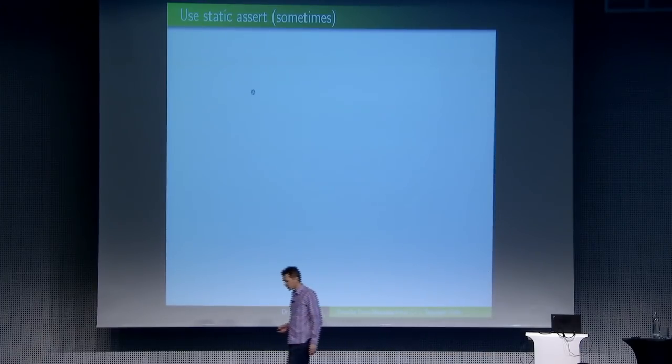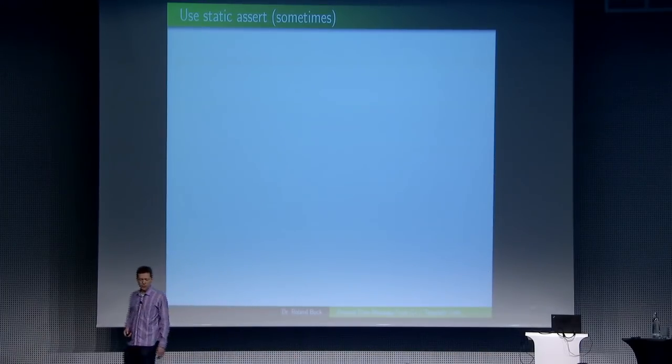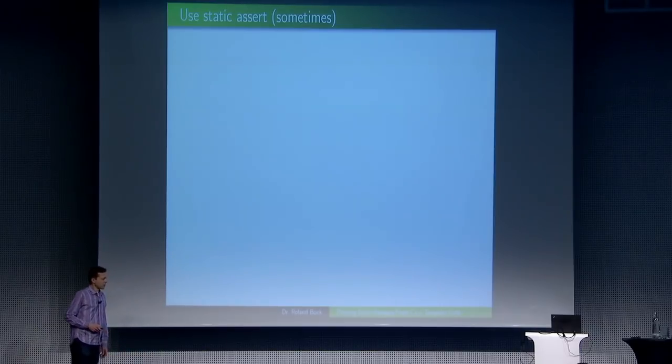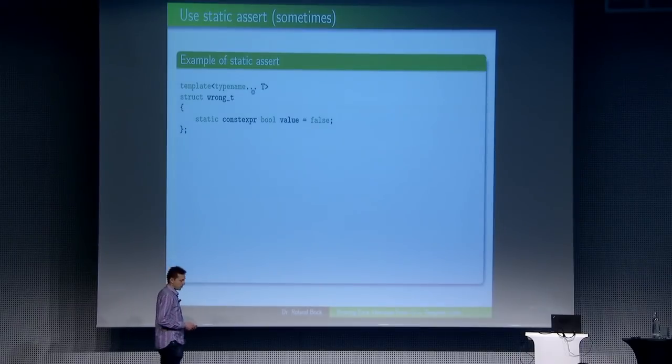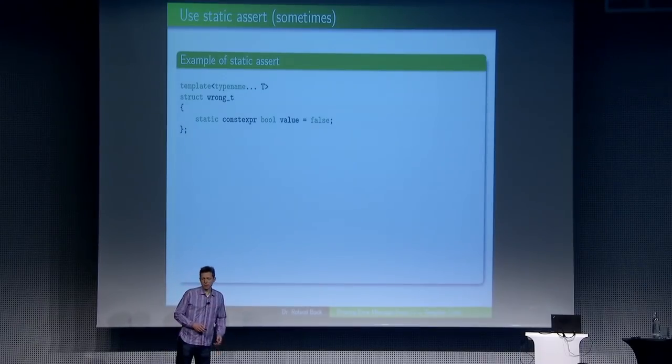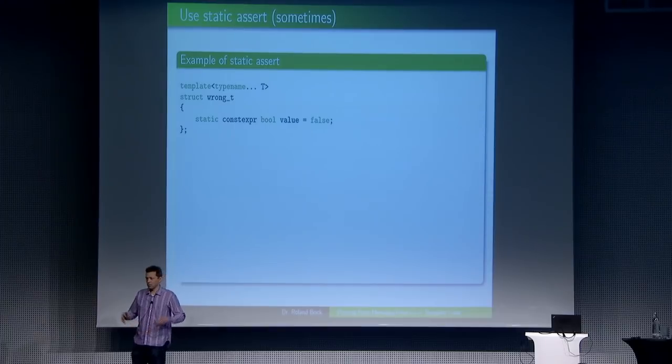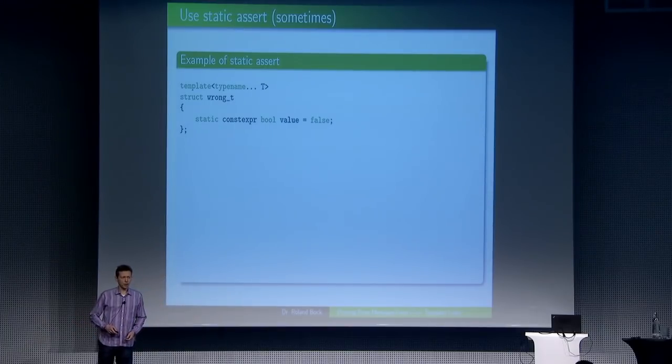All right. Now for something not so esoteric, maybe. Use static_assert. I'm a big fan of static_assert because it gives you very specific error messages. You can say specifically what went wrong, not just depend on something the compiler generates for you.